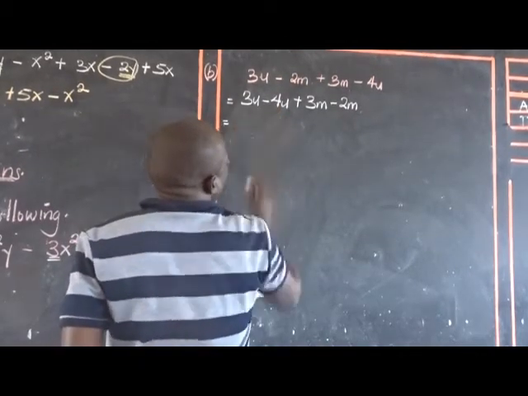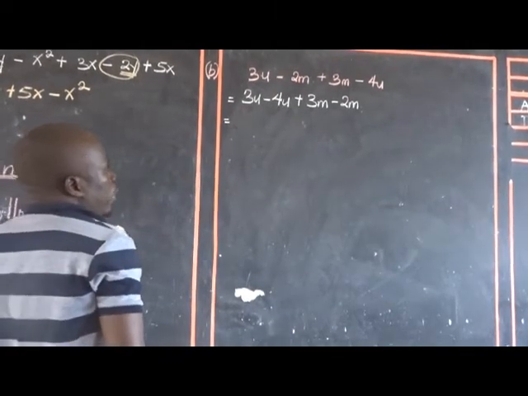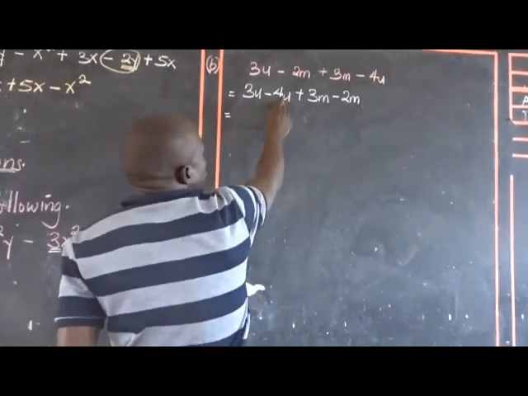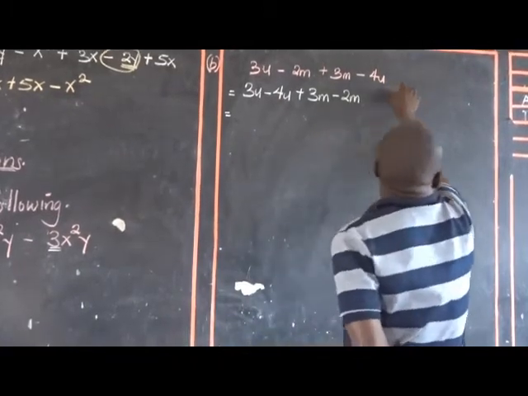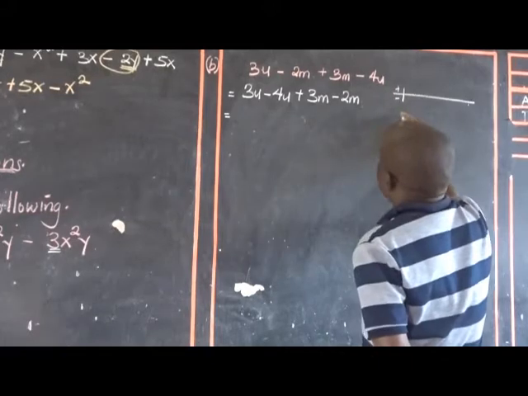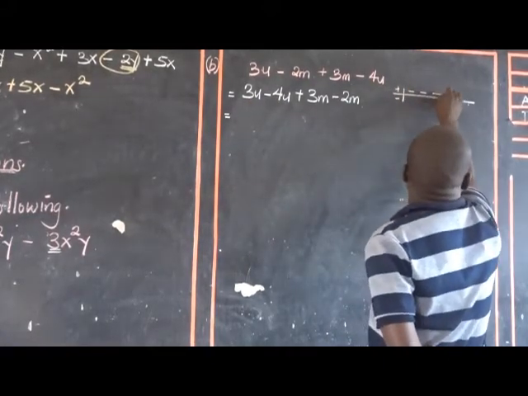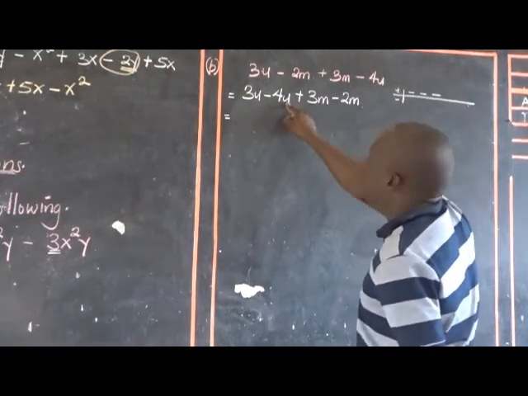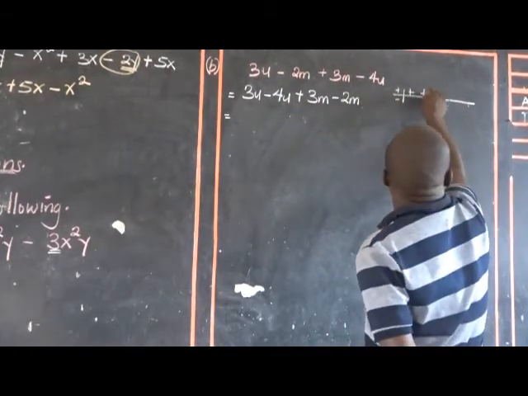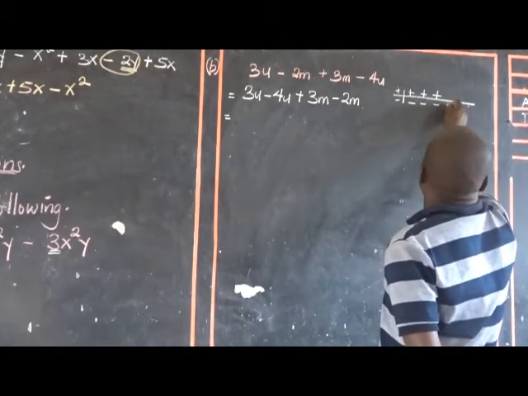This is 3, this is 4. When we are simplifying like terms, we first focus on the coefficients. When we go back to integers, we have here positives and here negatives. How many positives are these? 3 of them. 1, 2, 3. How many negatives are these? 4 of them. 1, 2, 3, and then 4.